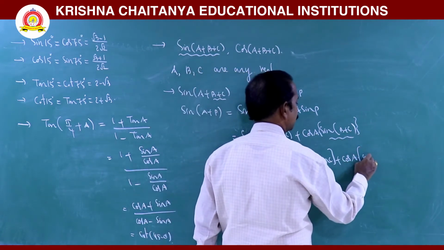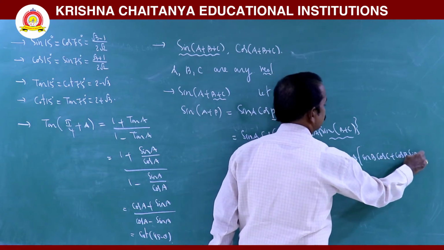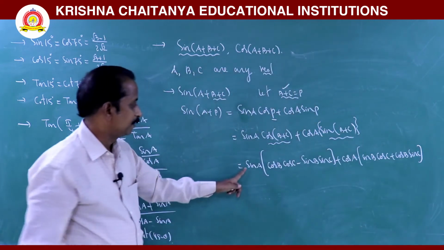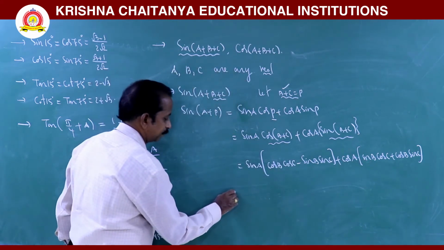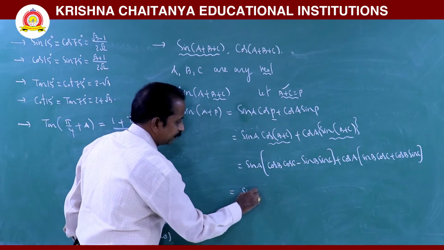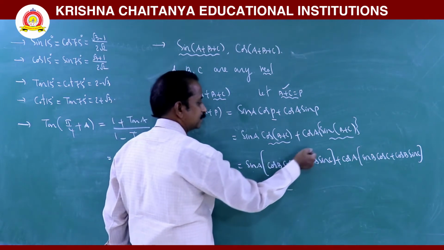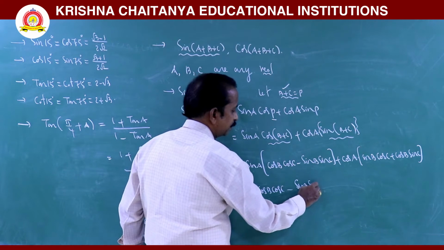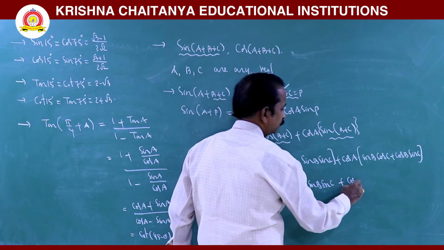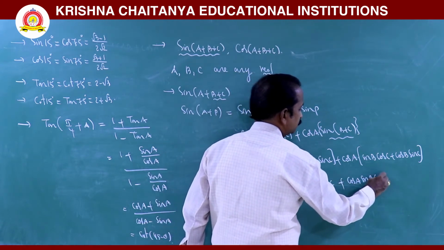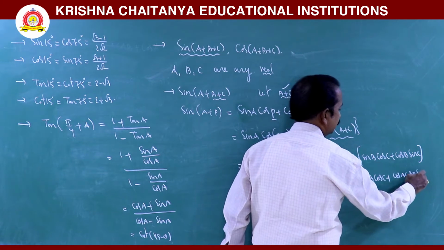Sin of (B plus C) is nothing but sin B cos C plus cos B into sin C. We multiply with sin A and with cos A. So let us multiply and see what we get: sin A into cos B cos C minus sin A sin B sin C, plus cos A into sin B into cos C plus cos A into cos B into sin C.